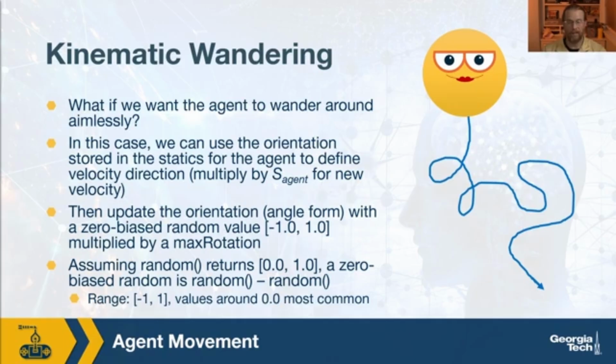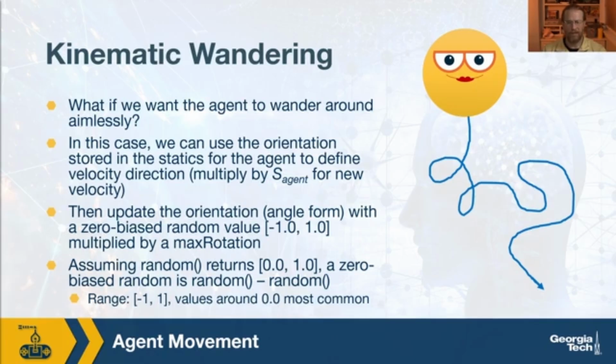We don't have a target in this case. So instead, we're just going to refer to the orientation in the statics from the previous frame. We're going to keep going in that direction, except we're going to nudge the direction a little bit this way or that, according to a random number generator. But we don't want it to be completely random. Otherwise, the agent will just move in crazy zigzags, tending to stay in the same place.